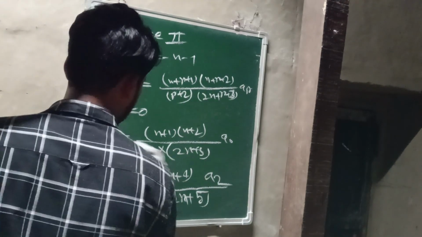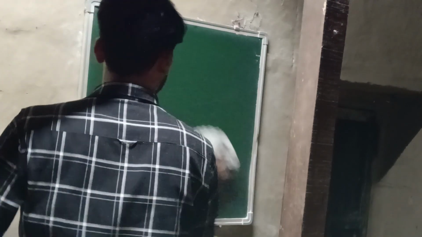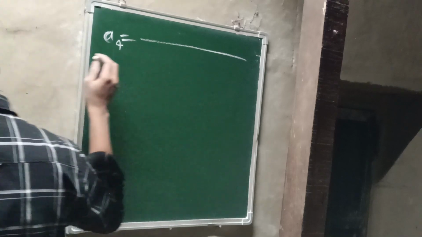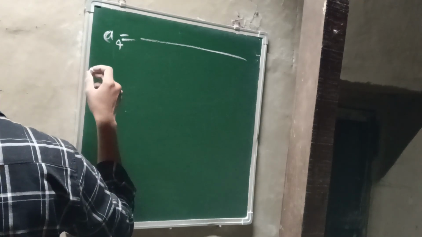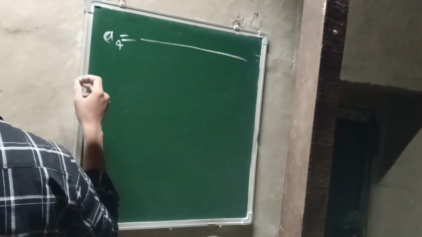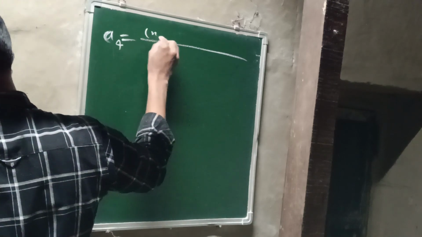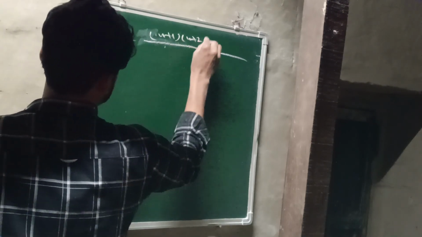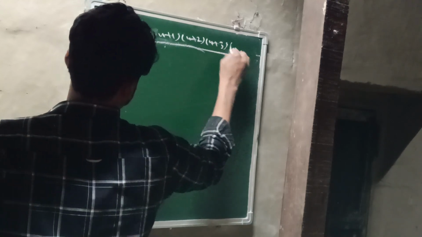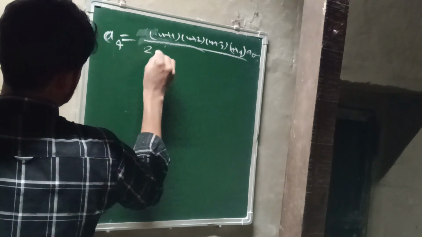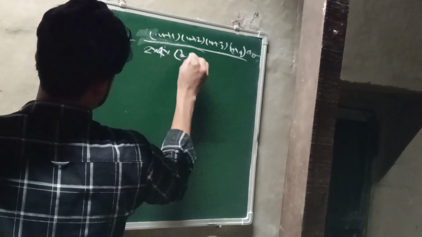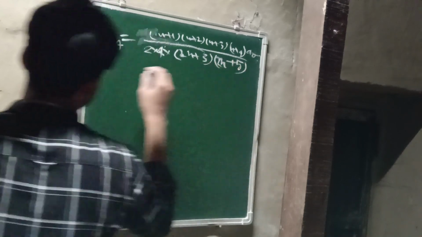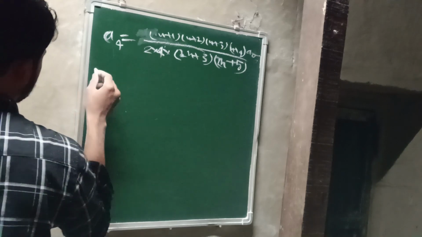If we put the value of a2, then we get a4 equal (n plus 1)(n plus 2)(n plus 3)(n plus 4) into a0 divided by 2 into 4 into (2n plus 3)(2n plus 5). Now we get the other solution of the Legendre's equation.